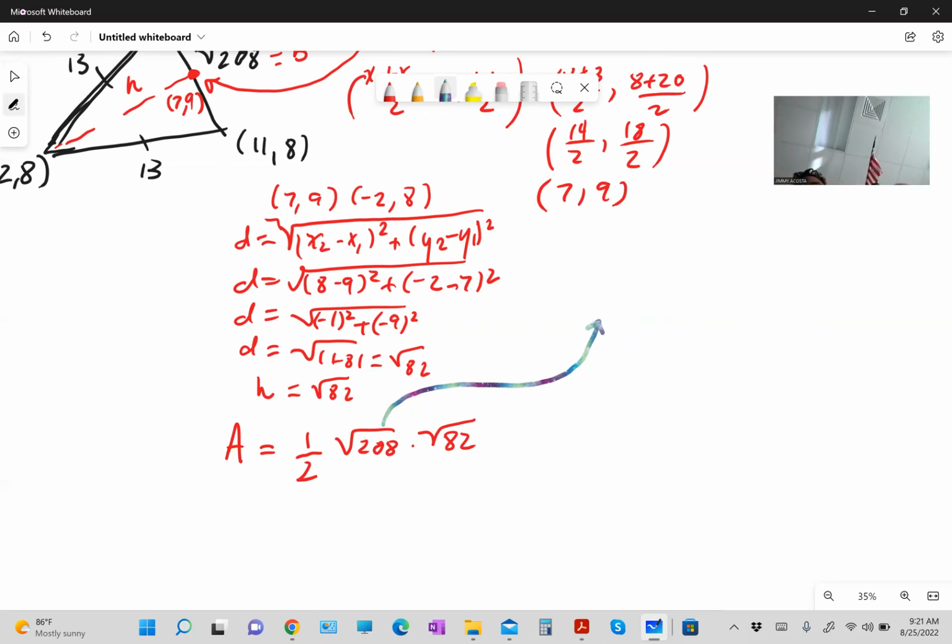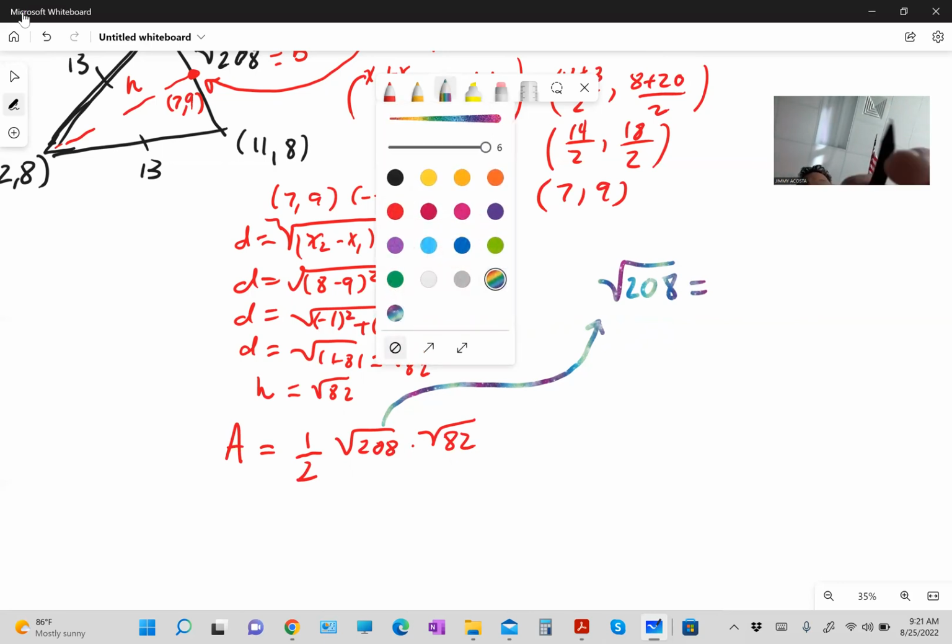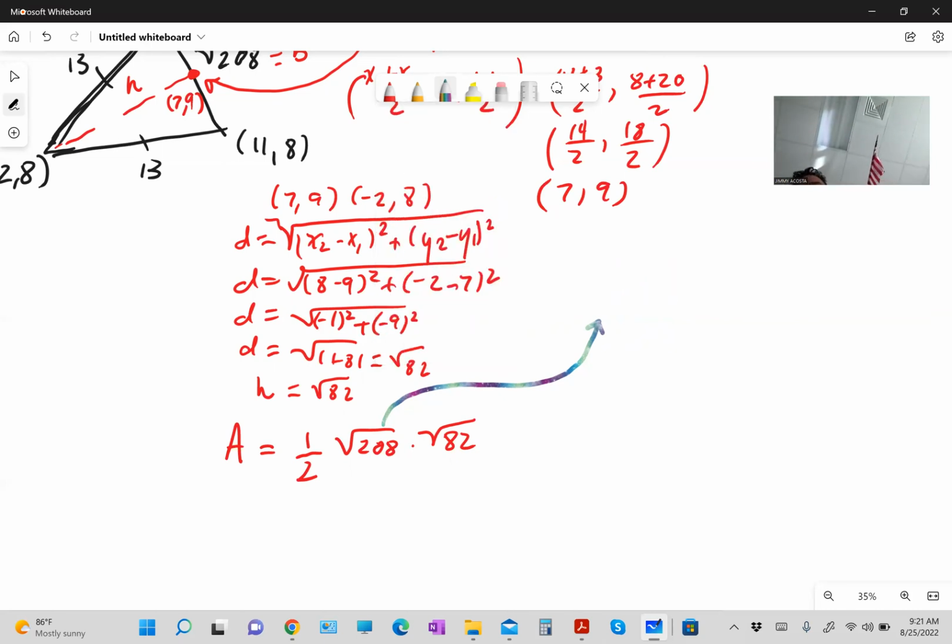All right, so let's take 208. Let me show you how to make this look prettier. So here's rainbow for you. Square root of 208. So I ask myself, what can I divide 208 by?